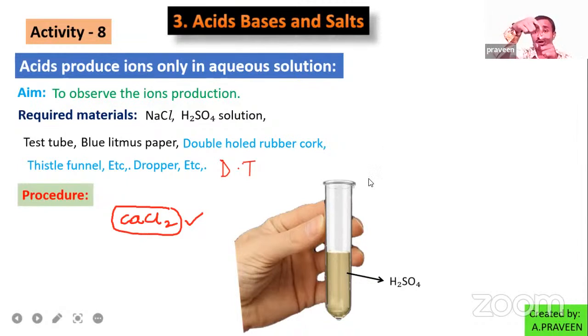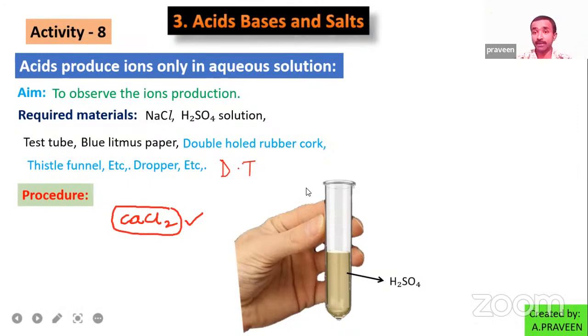Maybe that spills on your fingers. So that's why I am suggesting you to use a dropper, right? Insert the dropper into the test tube, then use the pressure to drop the acid. Okay, sulfuric acid is taken into the boiling tube or test tube.